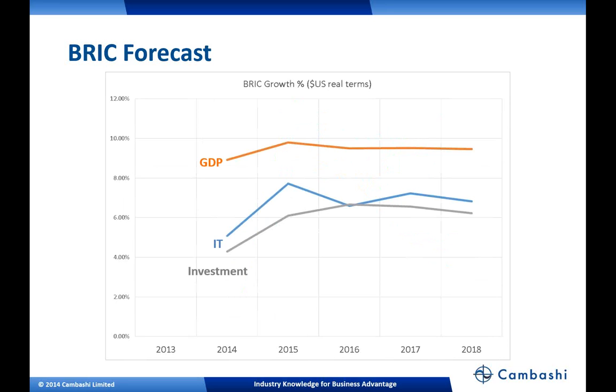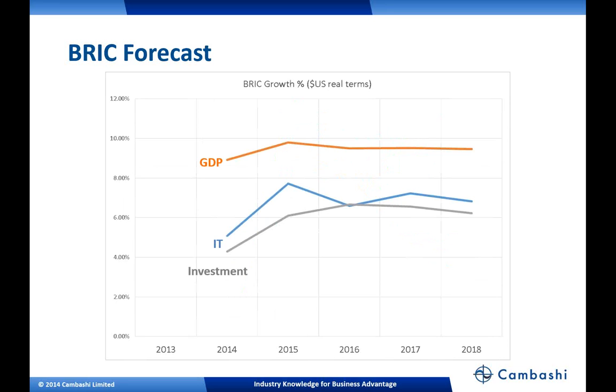take a first look into our crystal ball, in the title of this webinar. And we're going to look 5 years ahead from 2014 to 2018, with the same set of measures as we saw before. It looks like GDP in the BRIC is indeed flattening out. But let's face it, it's running at nearly 10% in real terms. So although it's not at the heady levels of the past few years, this is still really good growth.